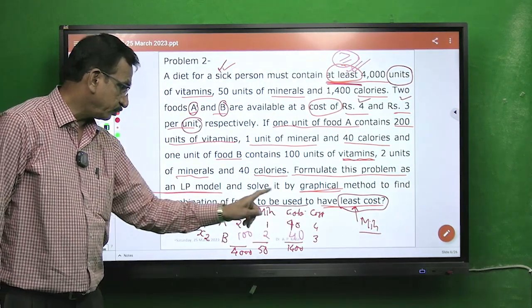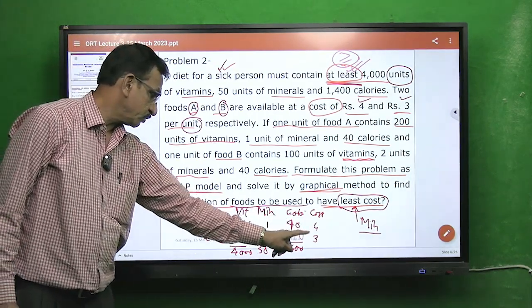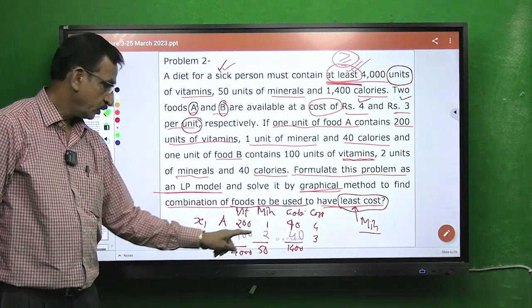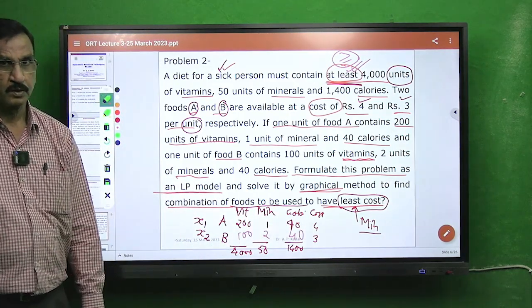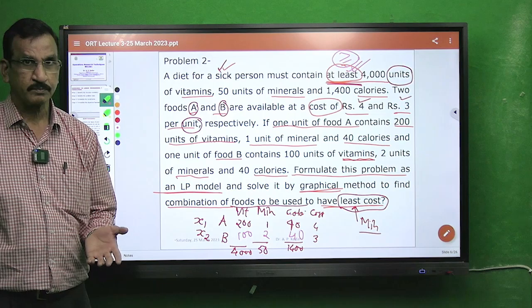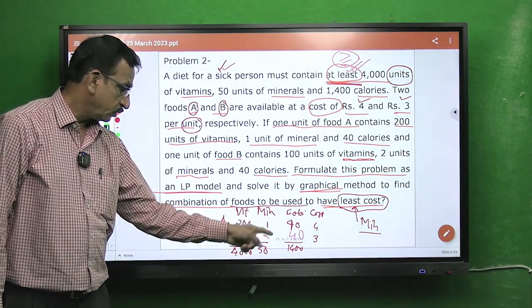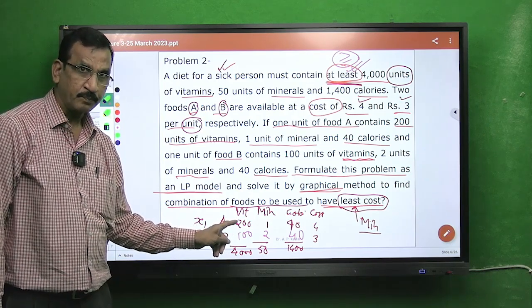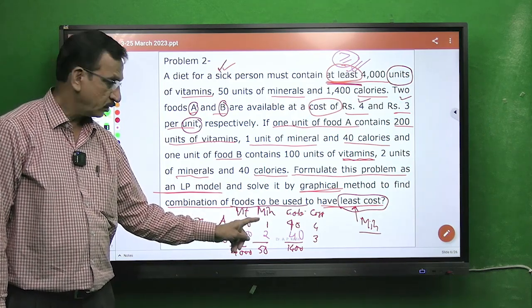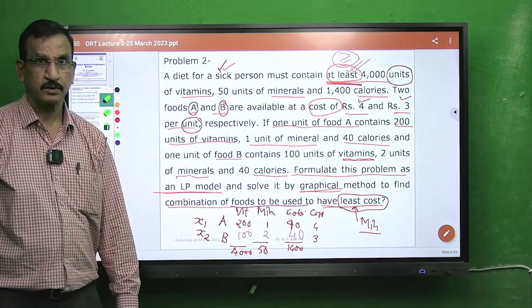Objective function: minimize Z = 4x1 + 3x2, subject to constraints. Here we will have three constraint equations: one for vitamin, one for mineral, and one for calories.